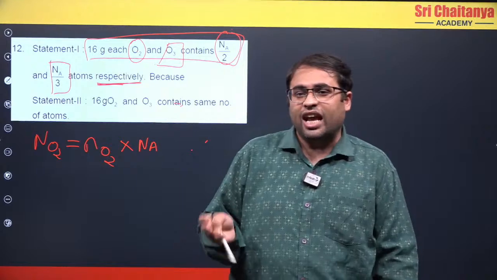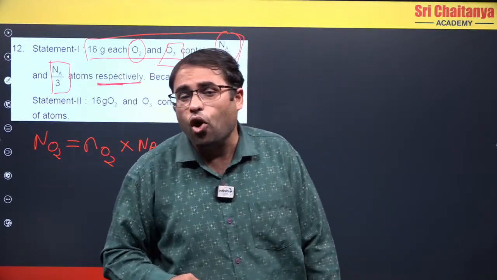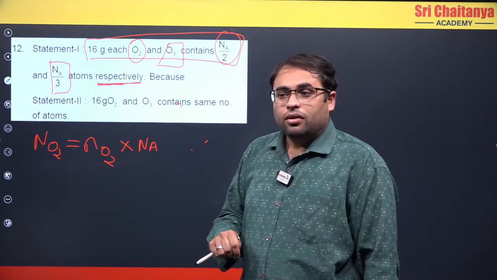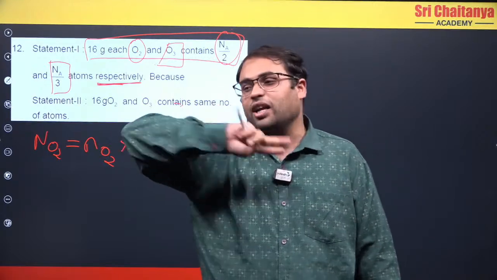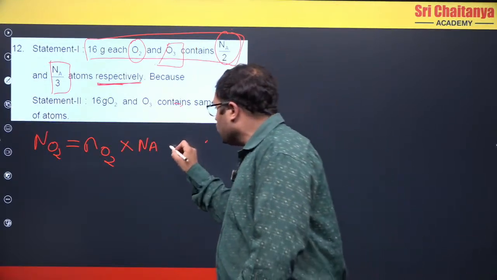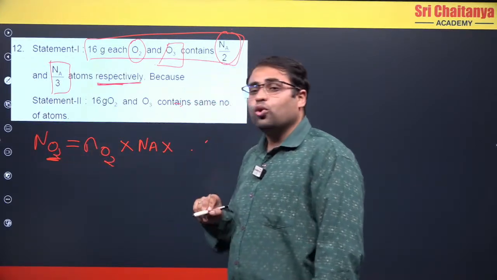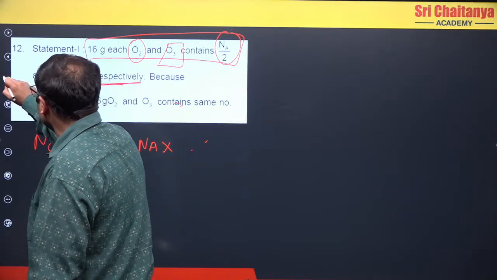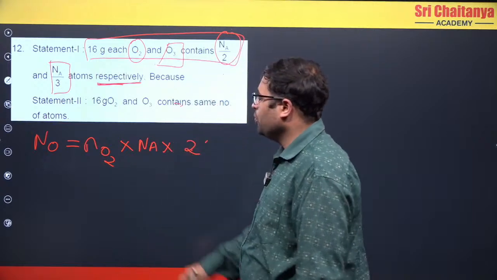People in the comment section, tell me. It is clearly visible: 2 atoms, right? This is for the number of O2 molecules, but if I want the number of O atoms, then I have to multiply it by 2, right?